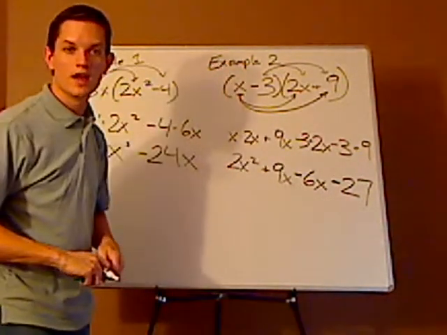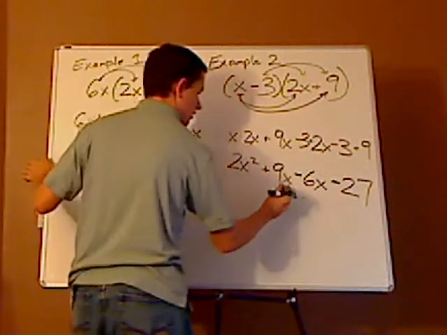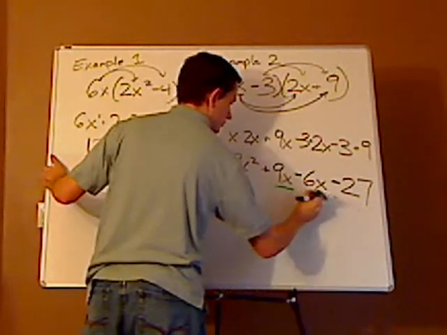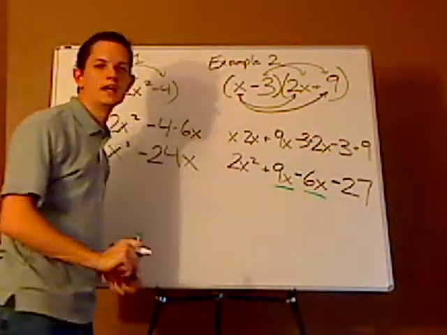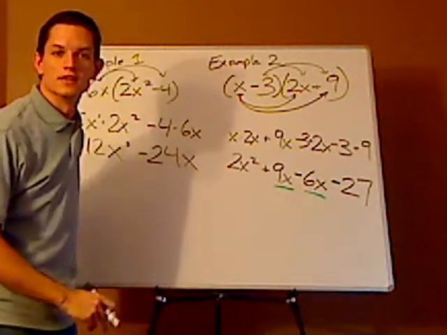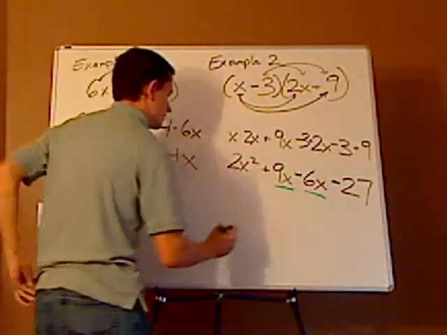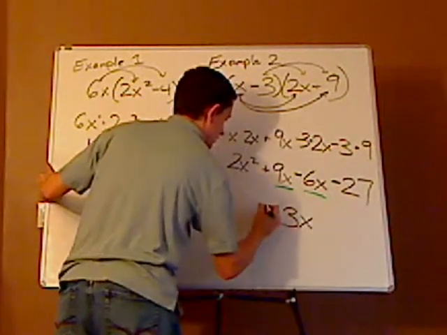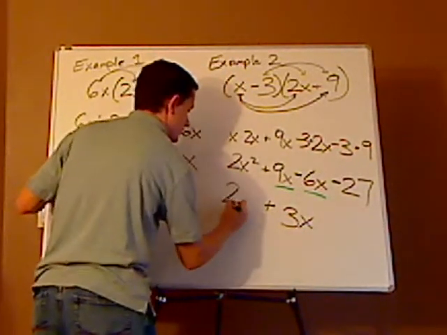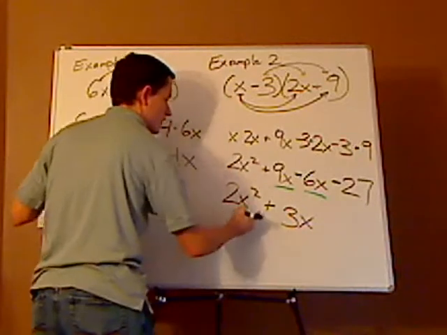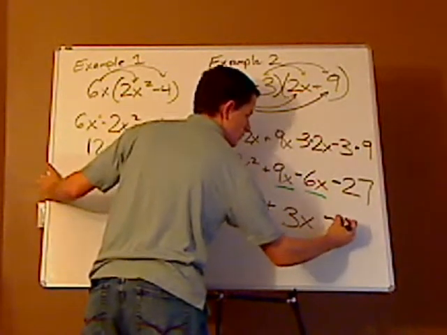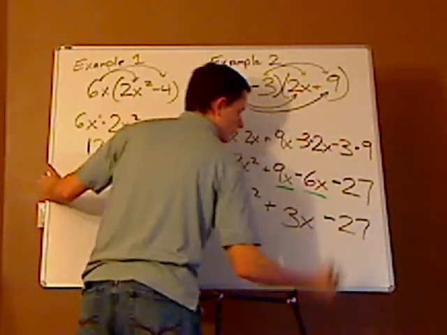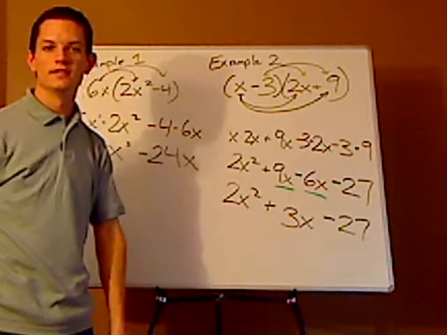The only terms that you have that are alike are in the middle. Right? So you have 9x minus 6x. That's going to give you 3x. And then you just bring everything else down. So the 2x squared plus 3x minus 27. And that's it.